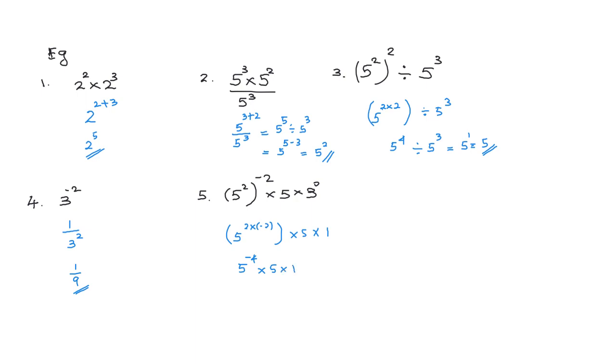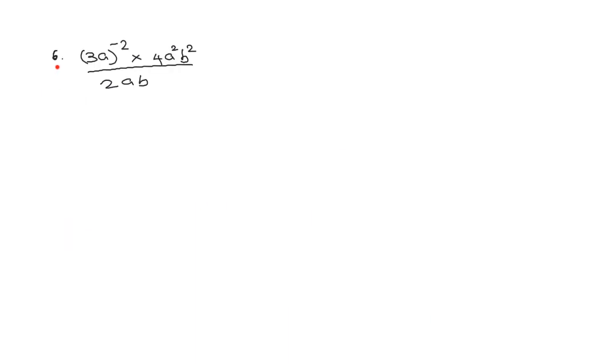Then here, same base, you can add 5 to the power minus 4 plus 1. No need to write into 1 because you have the same answer. Now minus 4 plus 1 means 5 to the power minus 3. So this is negative. You can write it as positive. You have to take the reciprocal, 1 over 5 to the power 3, which is equal to 1 over 125.